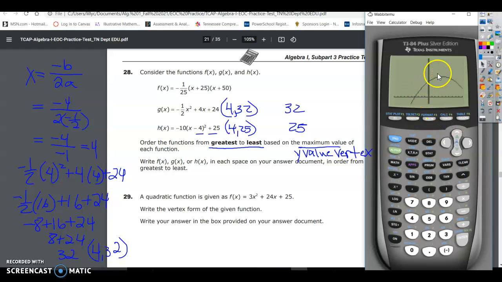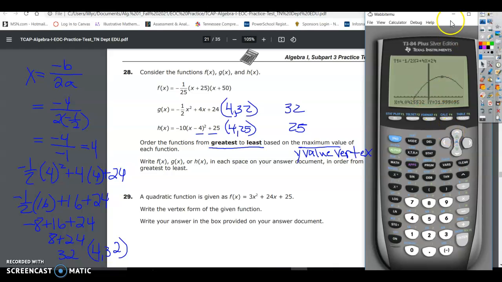It seems like my window is still off from the last equation, but all we have to do is determine what the maximum value is, and it looks like it's 32. It's going to be very close to 32. So (4, 32) is what we got. Just looking briefly at the graph, we can see that that is a good answer. And since these are all negative, we know we're going to have a maximum value for each.